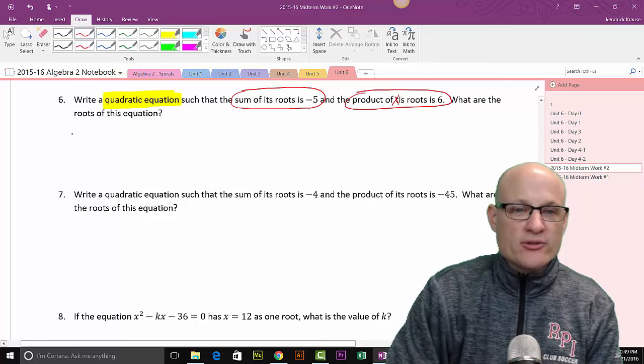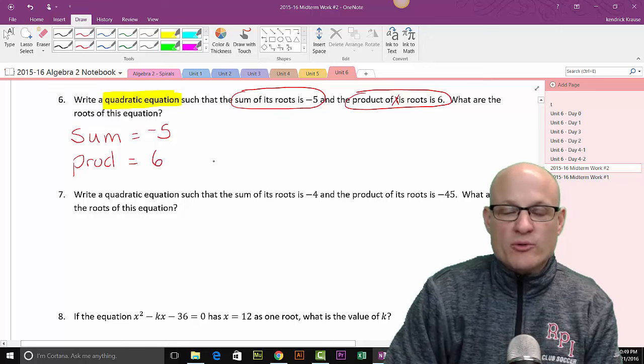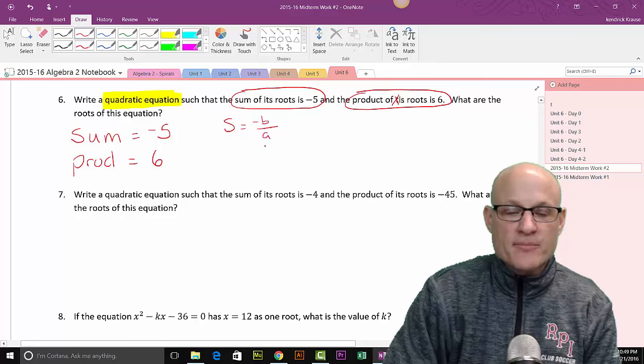So what we're going to do is we're going to say, okay, I need my sum to be equal to -5. I need my product to be equal to 6. So what we do is we go back to our two formulas. Sum is equal to -b over a.